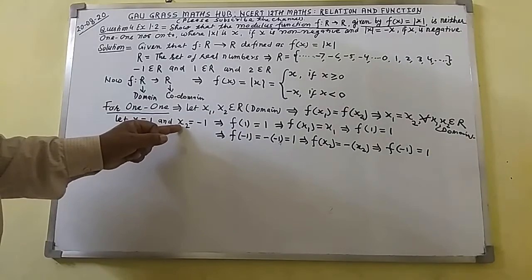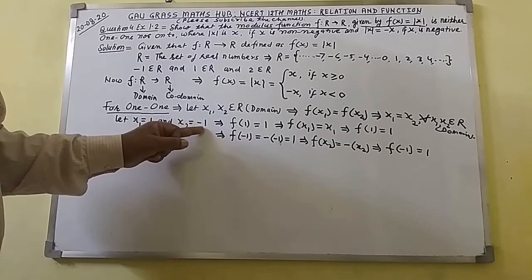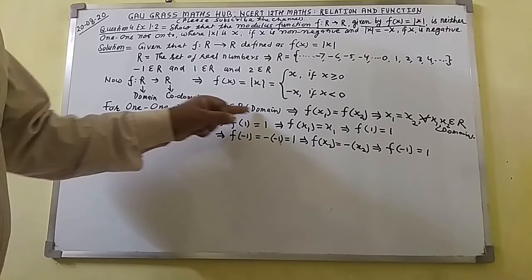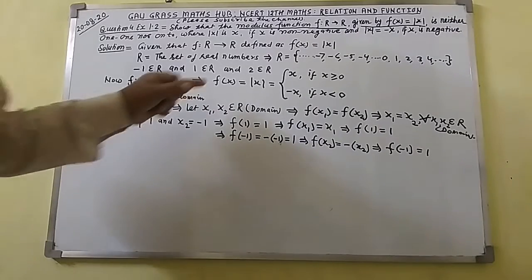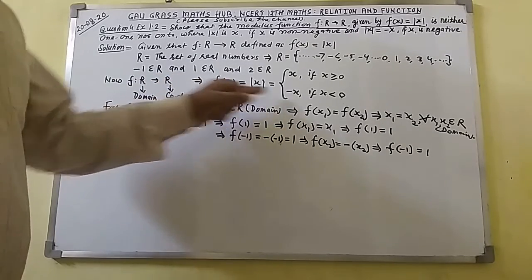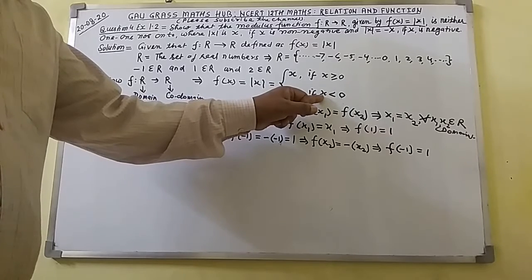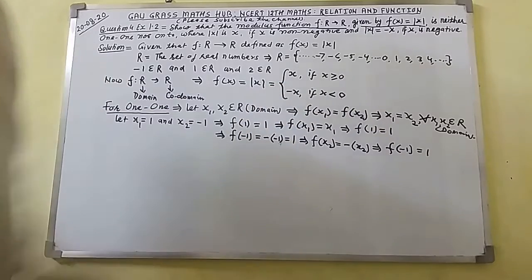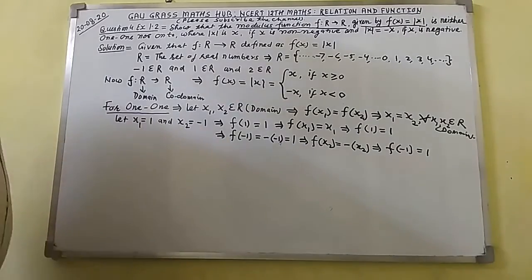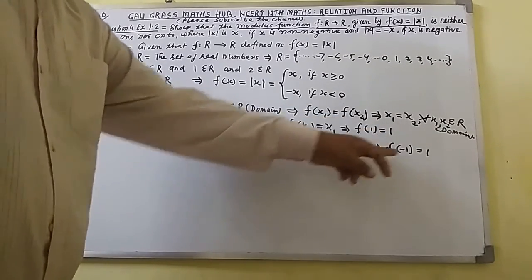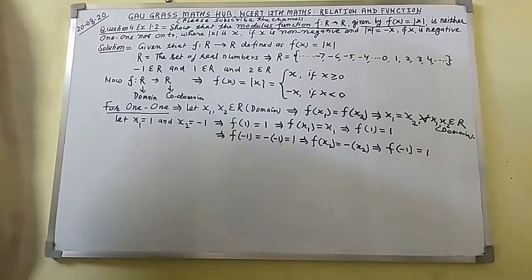Or here x2 is equal to -1, where x2 belongs to the capital R domain, then you will take f of x is equal to -x, because the value of -1 is less than 0. So here you have got image of 1 is 1, image of -1 is 1.